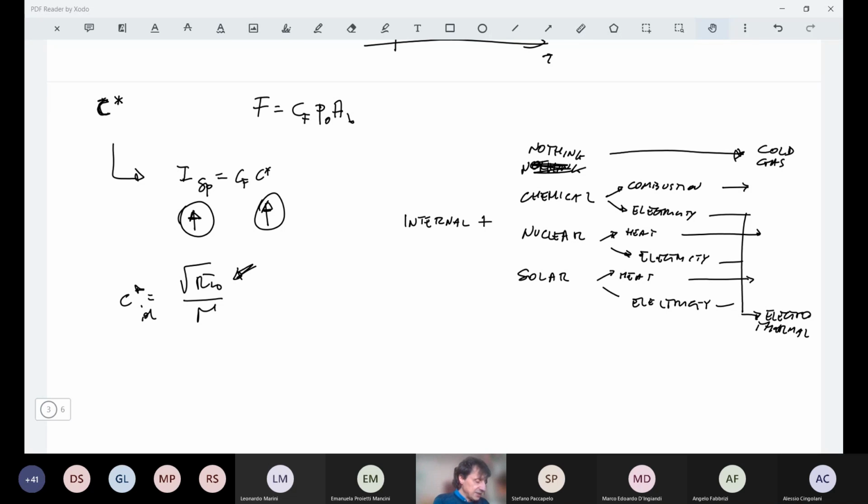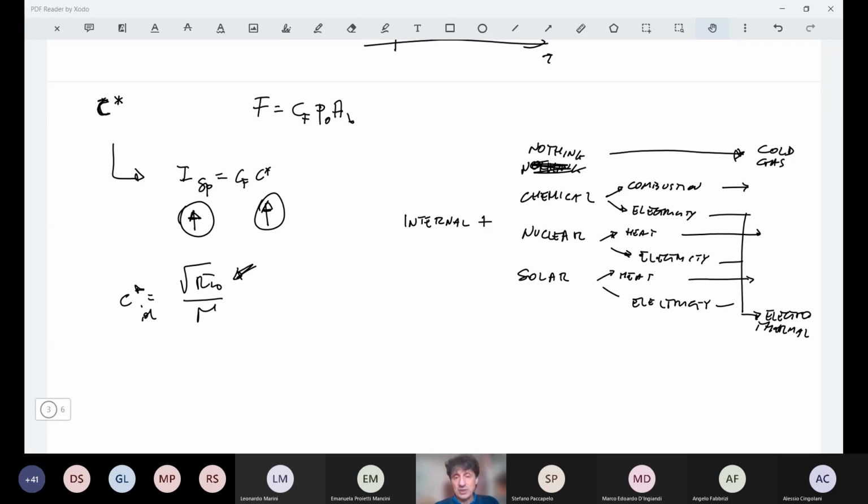So you recall that another important property of a rocket is the thrust to weight ratio, that is different depending on the specific way we are realizing our thrust. So the higher thrust can be achieved when the energy is released within the propellant itself.